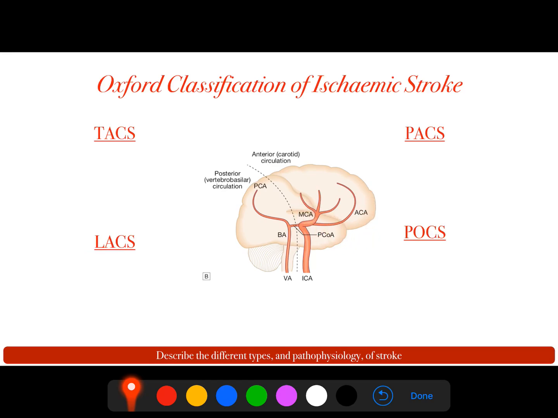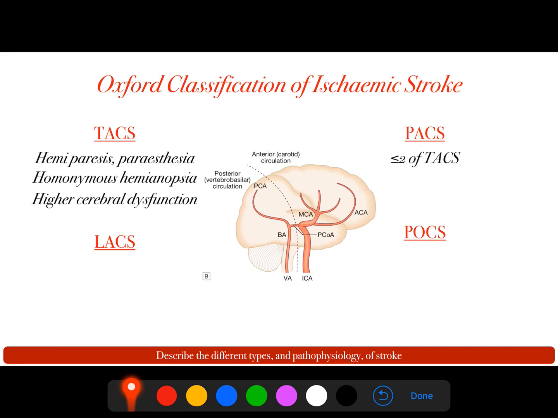A TACS, total anterior circulation syndrome, requires all of the H's. You need to have them all. You need hemiparesis and paraesthesia, so weakness and altered sensation. You need a homonymous hemianopia. The easiest way to do that is to draw 2 visual fields. Homo, same. Hemi, side. Anopia, or anopsia as it used to be called, vision loss.